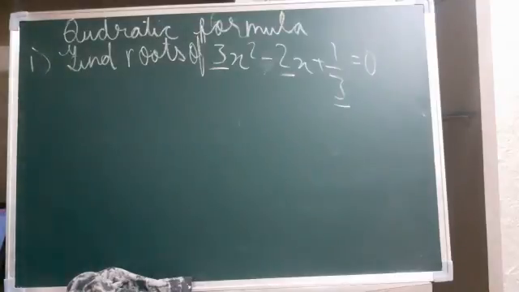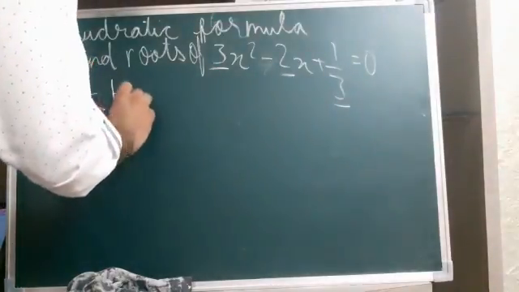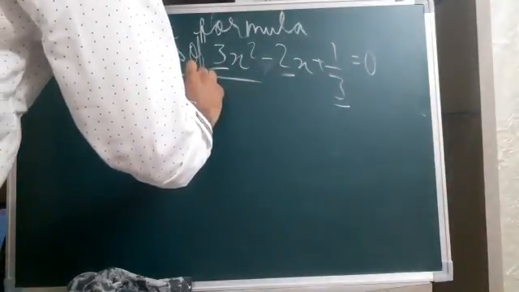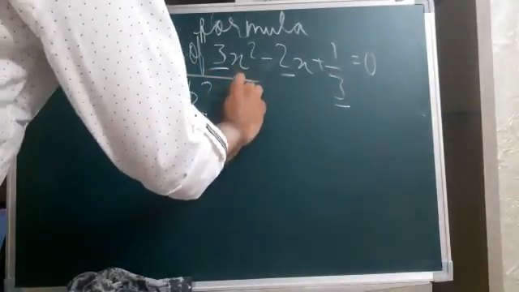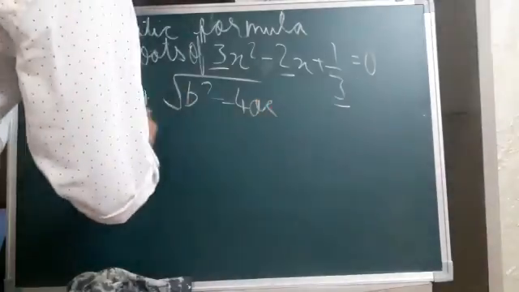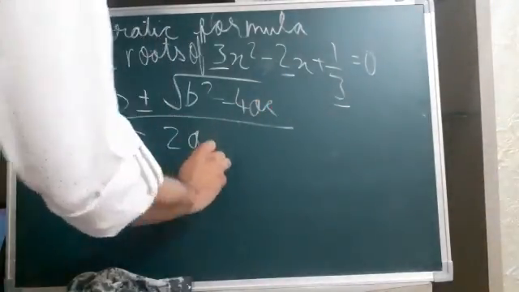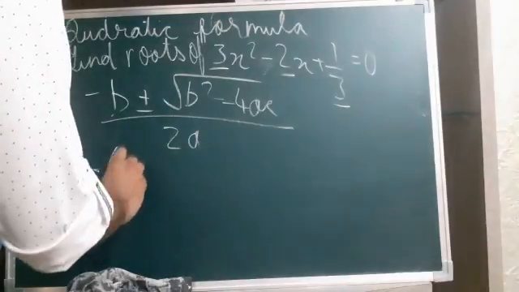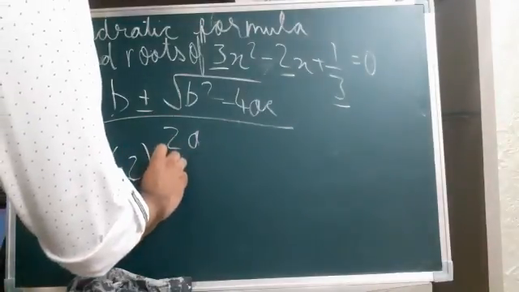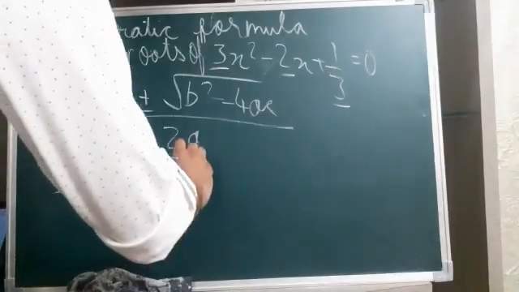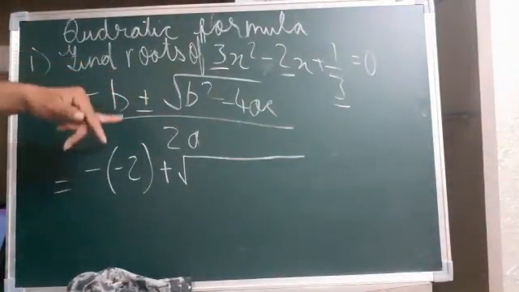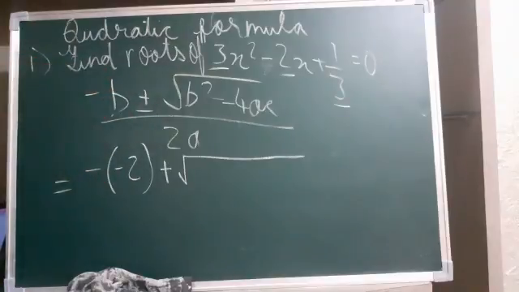Now we'll put the values in the formula: minus b plus minus square root of b square minus 4ac by 2a. For the first root we calculate with plus, and for the second root we calculate with minus.